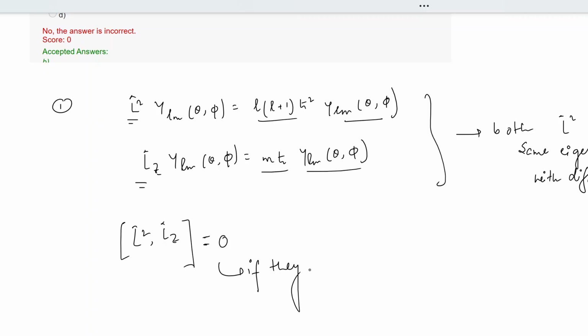If they commute with each other, then this commutator bracket will be 0.